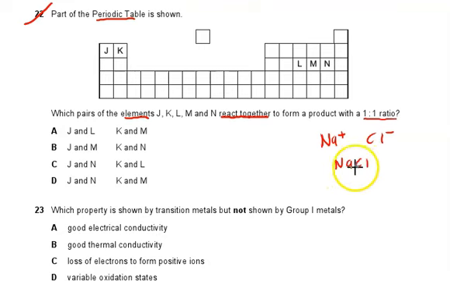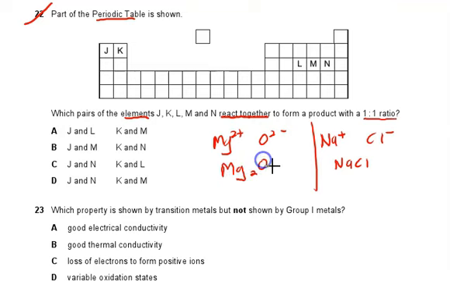So this is 1:1. Another example is magnesium 2 plus and oxygen 2 negative. When they combine together, due to the same charge ratio, you will obtain magnesium oxide. So this is also a 1:1 ratio.